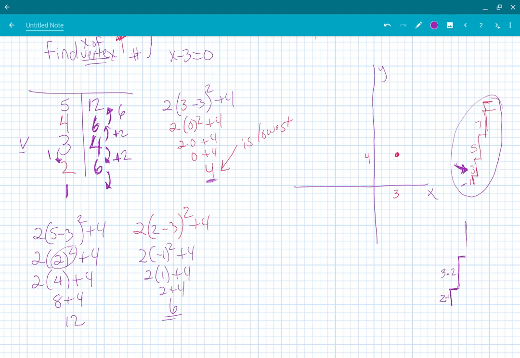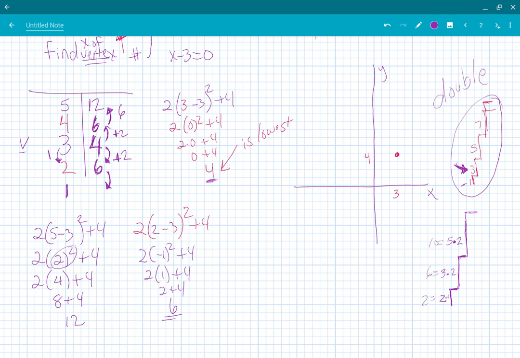What's the next one going to be? 5 times what? 5 times 2. What is 5 times 2? 10. So the next one's going to go up by 10. So our steps aren't 1, 3, 5, 7. They're double.